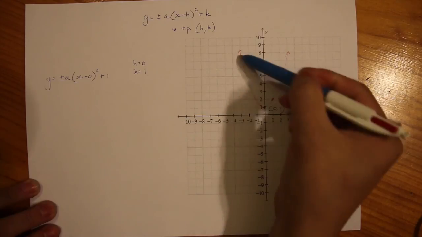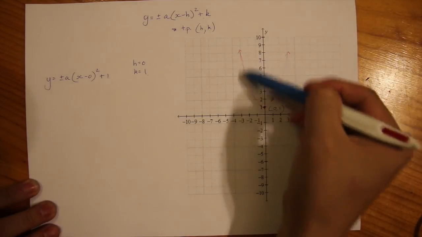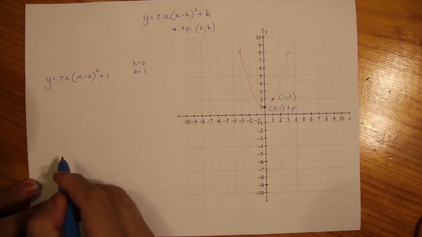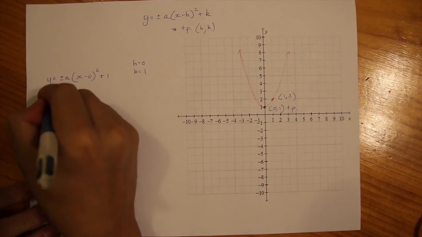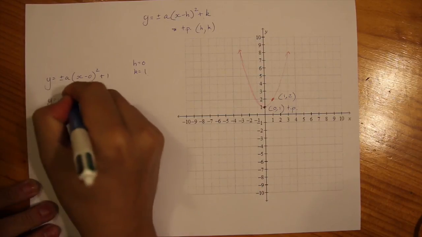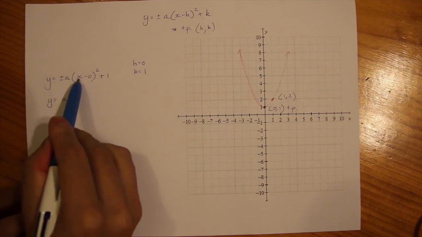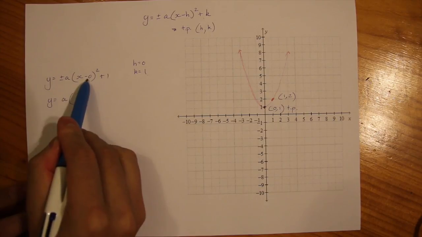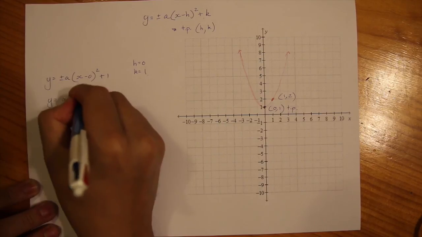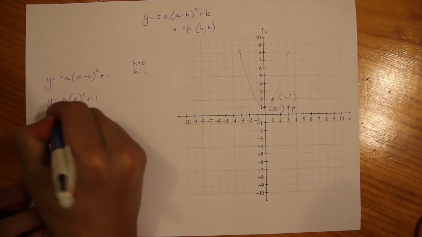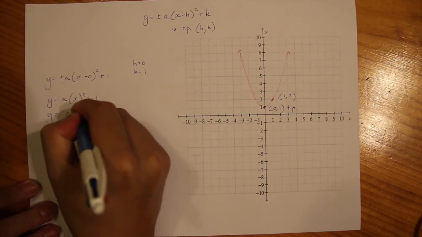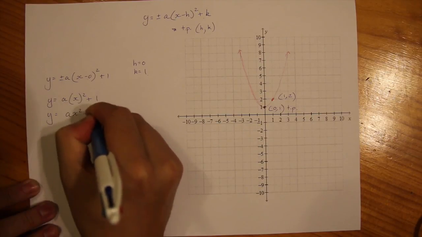Okay, looking at this graph, it is a smiley face, it's the right way up, so we can automatically know that it's not going to be a negative symbol. x minus 0 is just x. Okay, so what we have so far is y equals a x squared plus 1.